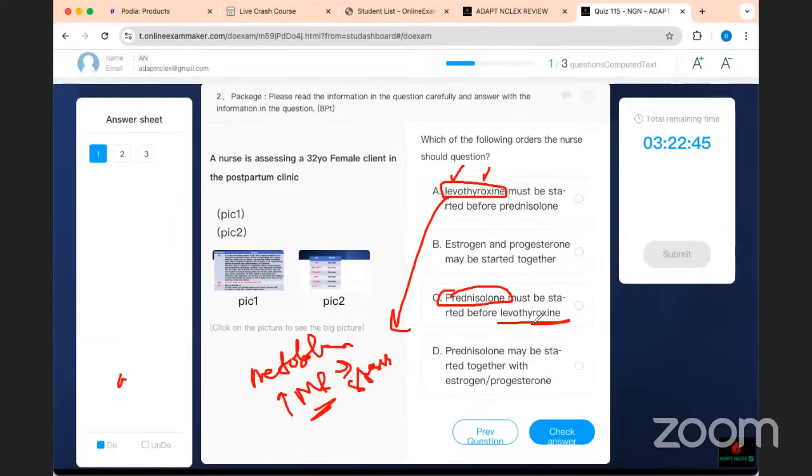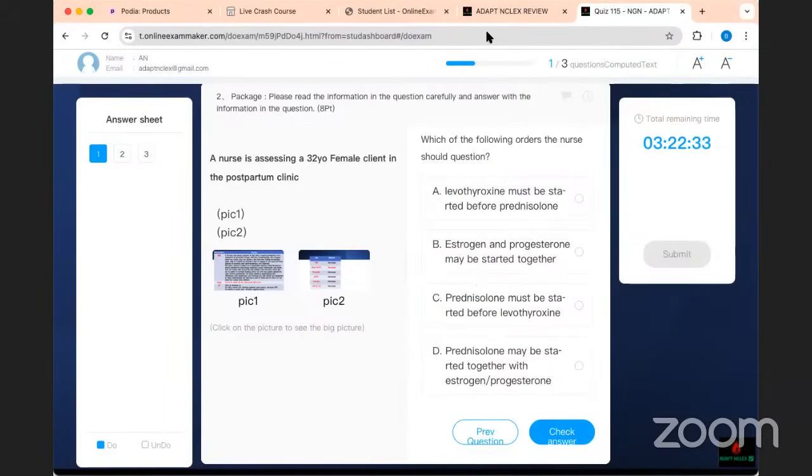If you can't tolerate stress, you go into adrenal crisis. So they should take the steroid for a couple of weeks before you start the levothyroxine. So that's the key aspect of that. This is the order the nurse should question. You should not start levothyroxine before prednisone. You should start prednisone before levothyroxine.